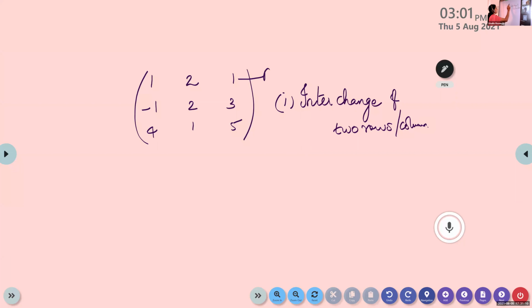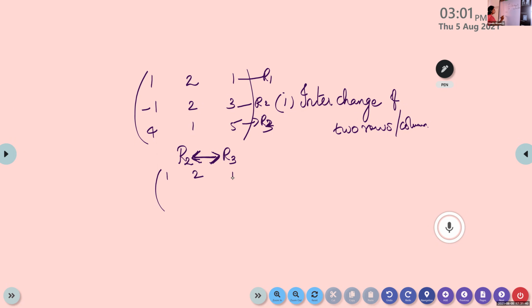Interchange of two rows. Here we have three rows, R1, R2, R3. Suppose I want to interchange the second row and the third row. The second row should come in the place of the third row, and the third row should be interchanged with the second row. Look at the notation I write here: we put an arrow on both sides. R2 moves to R3 and R3 moves to R2. There is no change in the first row.